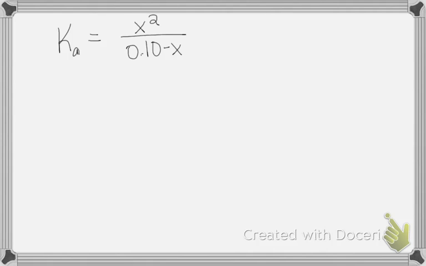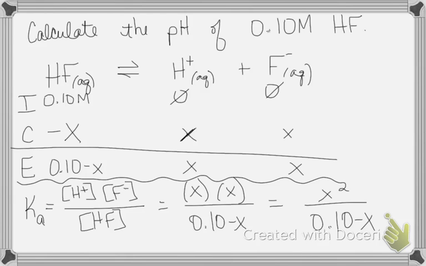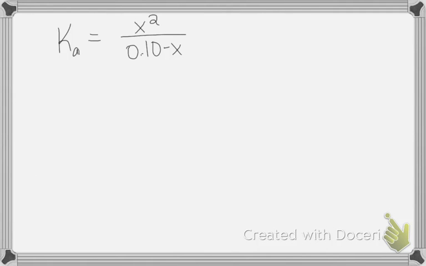Do you see that if I can solve for what X is, then I know what the concentration of the hydrogen ion is. And if I know that, I can figure out what the pH is, because pH is the negative log of the hydrogen ion, right? If I know a Ka for hydrofluoric acid, I can solve for X. So in your book, on page 687, there's a table of Ka values.